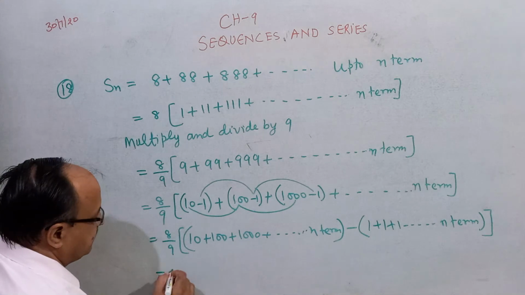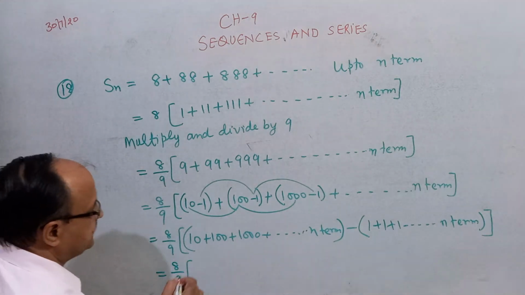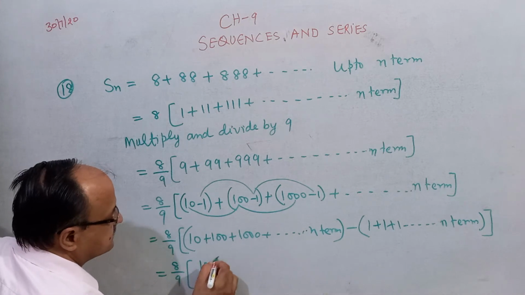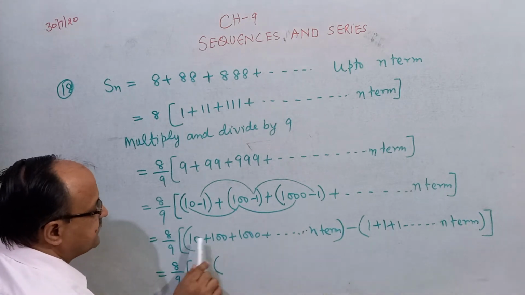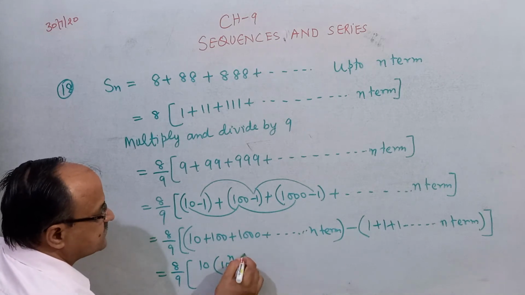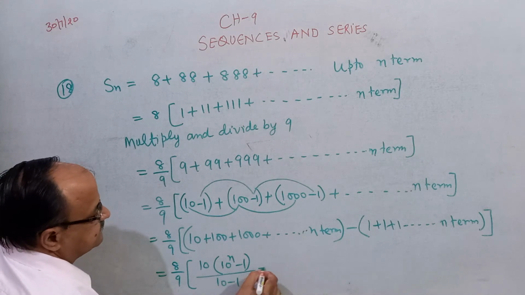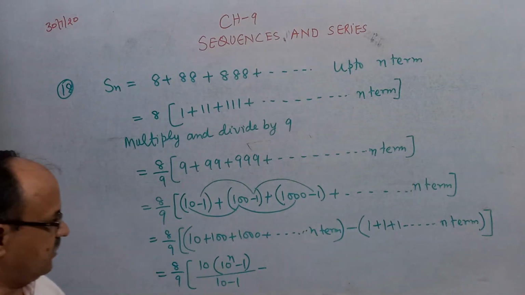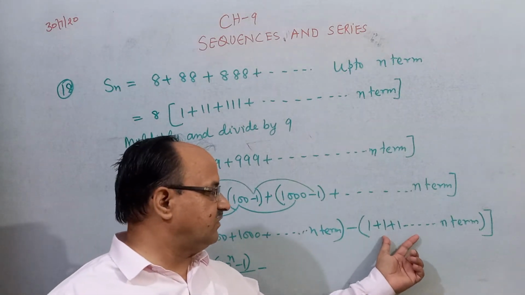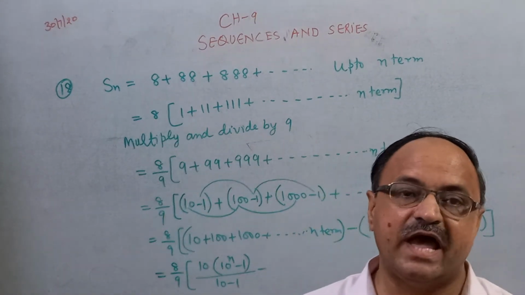In a GP, the formula: here A is 10, and the common ratio R is 100 divided by 10, which is 10, so the sum is A times (R to the power n minus 1) divided by (R minus 1). Now, 1 added n times becomes n.